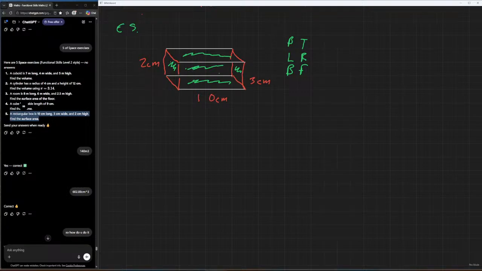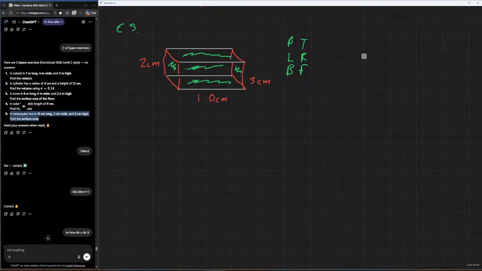So we start with the bottom and the top. So it's 10 times 3. This is the area we find first, okay? I don't like this weight.